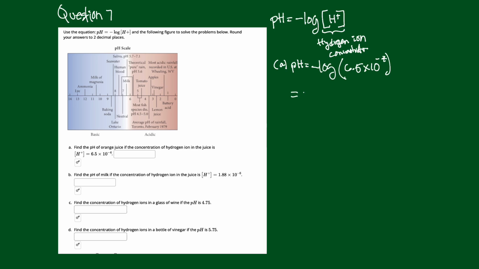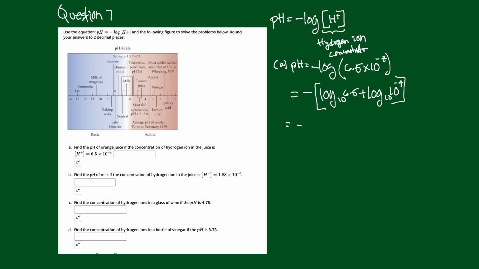So this is going to equal negative, all right, negative. Now, it's the log of a product, right? The log of a product. So it's going to be the log of the first plus the log of the second. So it's going to be log base 10 of 6.5 plus the log base 10 of 10 to the negative 4.